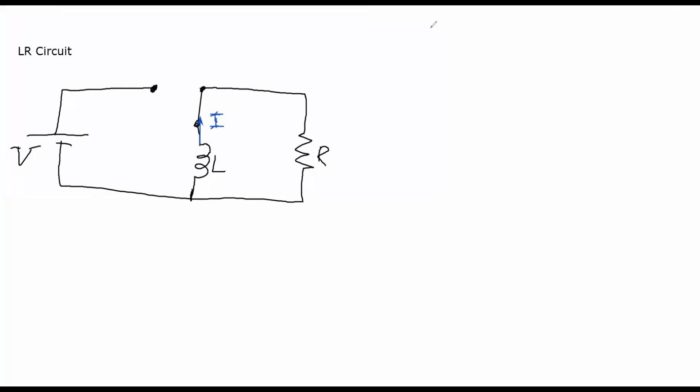Okay, so let's set up my loop law here. My loop law says the voltage across my inductor plus the voltage across my resistor always equals 0.